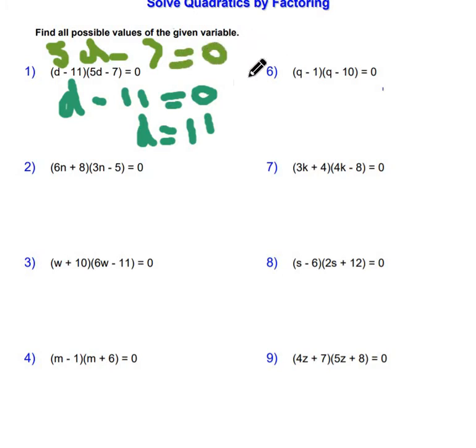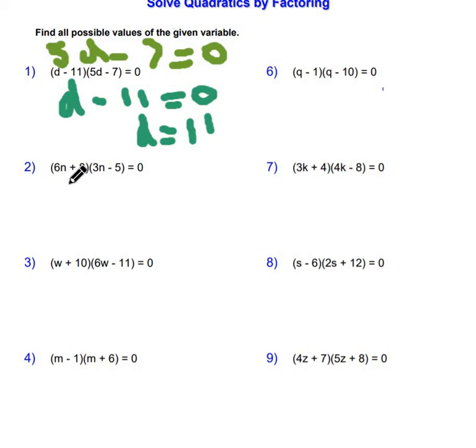So essentially, what you need to do is to find the value of d in this equation, which would be 7 over 5. Sorry, I don't have enough space to write it down, but let us quickly move on to question 2 as another example so that you could understand it further.